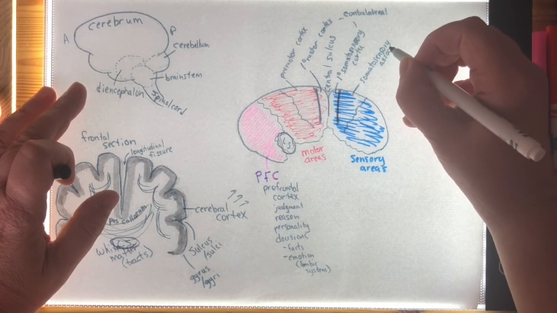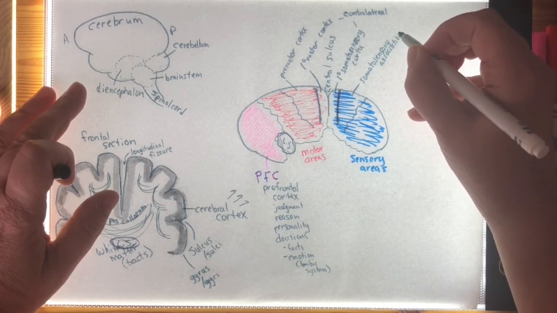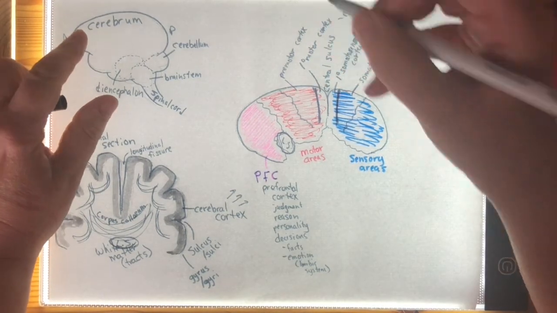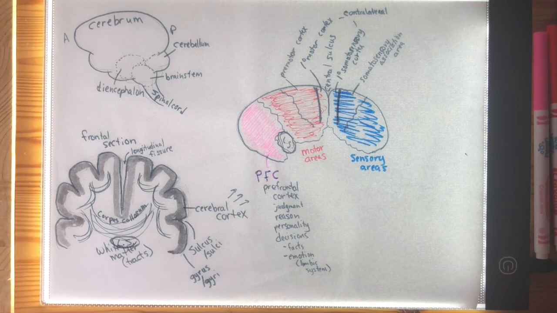One thing to note, and it's a pattern that you'll be seeing throughout this lecture, is that oftentimes there is a primary area which is a little smaller and has a little bit of a simpler function. And then closely opposed to it, usually anatomically right next to it, there will be an association area which will give more of an elaboration of whatever level of cognition we're discussing. So the premotor cortex is going to give us a better perspective on movement.